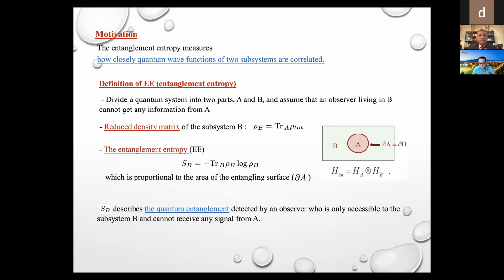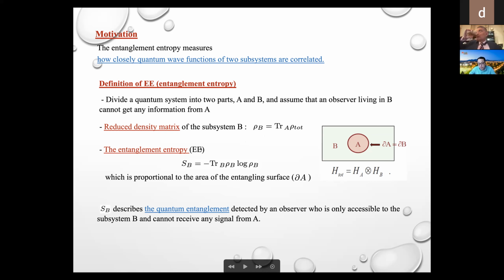We first consider a system in a pure state, and then we divide this system into two parts, A and B. If we trace out one part of the subsystem, then the remaining part is described by a reduced density matrix. That is the definition of the reduced density matrix.